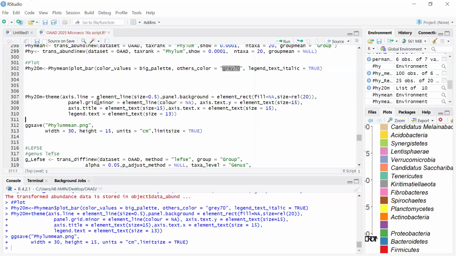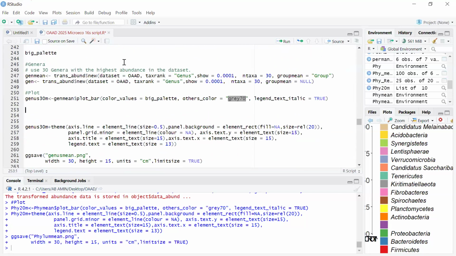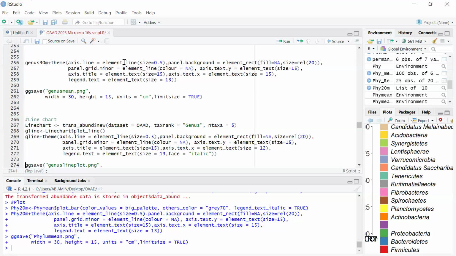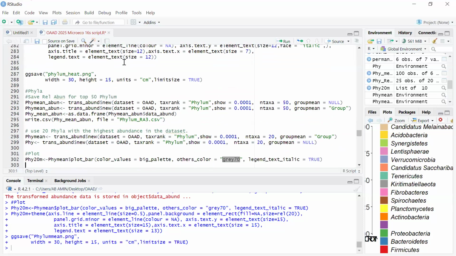I think you are referring to the one we produced using code line 246. It's a bar graph of the 30 most abundant genera at genus level, while this one is a bar graph of the 50 most abundant phyla. So they are all the same, but for different levels. Okay, all right. Thank you.